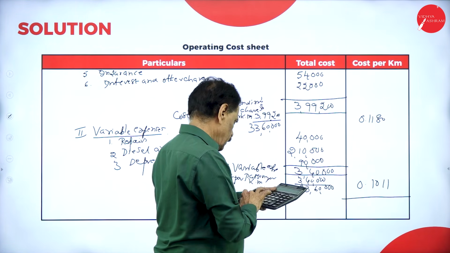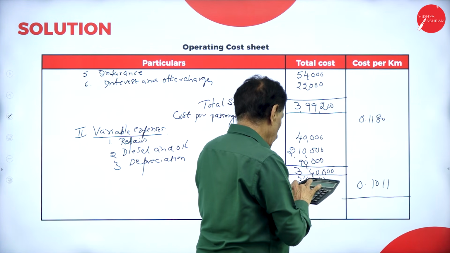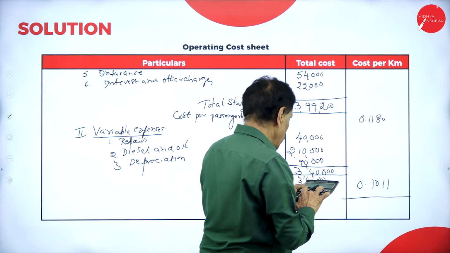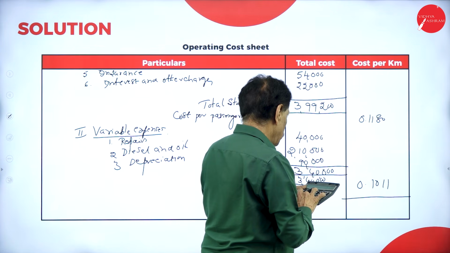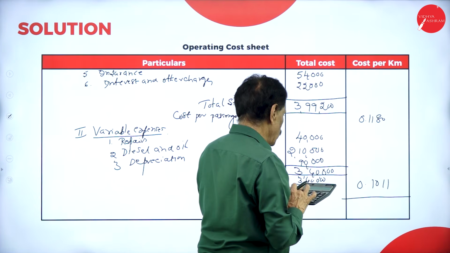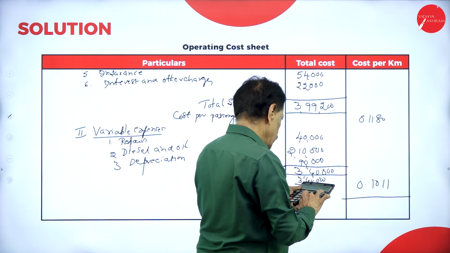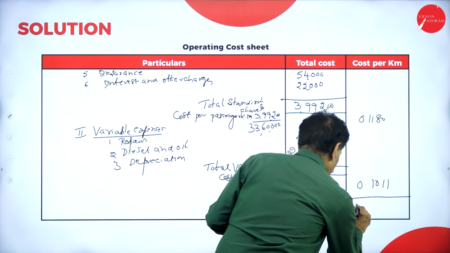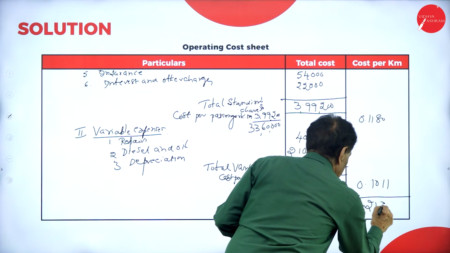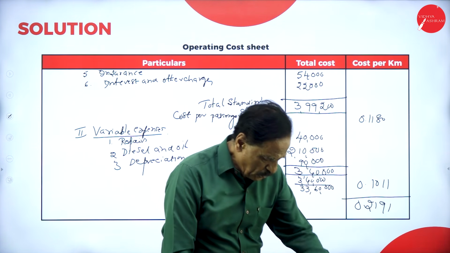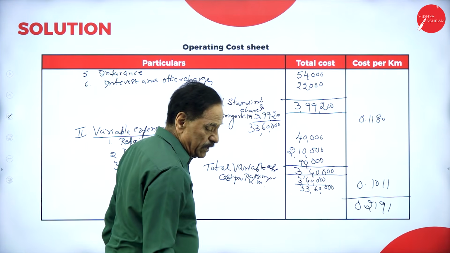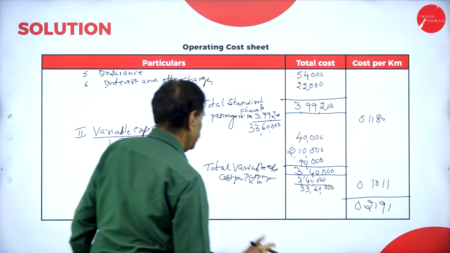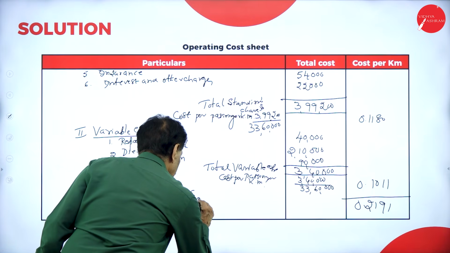Add the figure 0.1180 plus 0.1011, which is 0.2191. This is the cost per passenger kilometer.